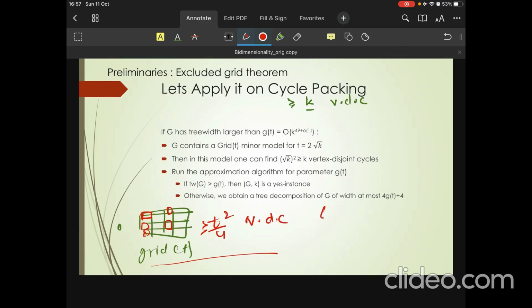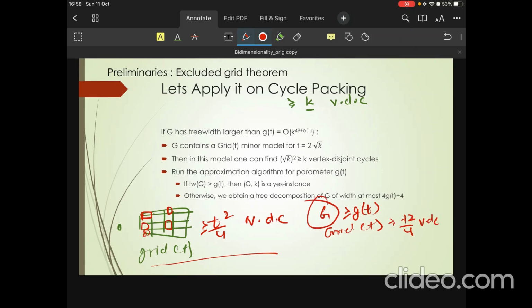So say you have a graph G whose tree width is larger than g(t), where g is borrowed from the previous theorem. It will have a grid T as its minor, and grid T will have greater than or equal to t square by 4 vertex disjoint cycles.